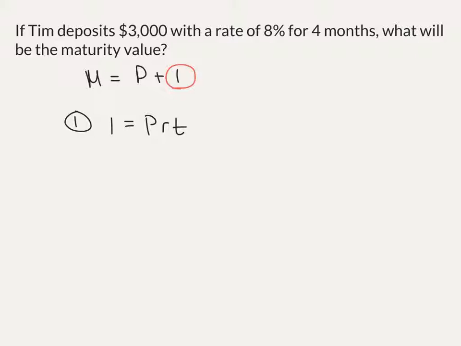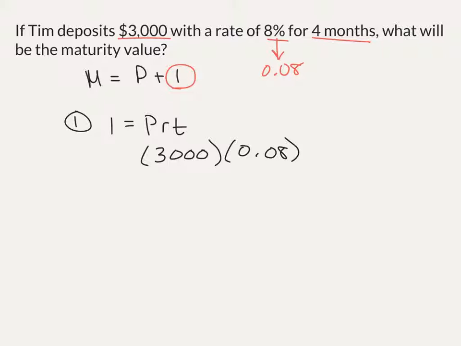So P, or the principal, is $3,000. R, or the interest rate, is 8%, and 8 divided by 100 is 0.08. And then T is 4 months.